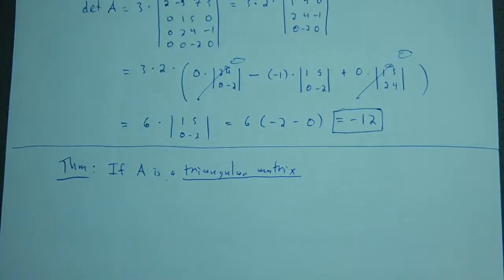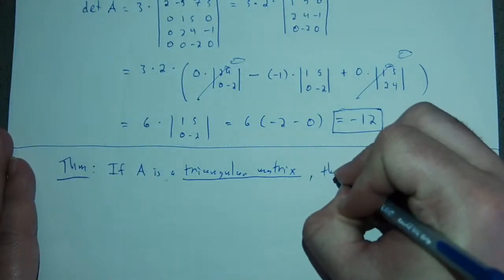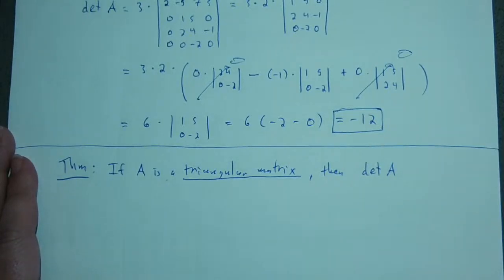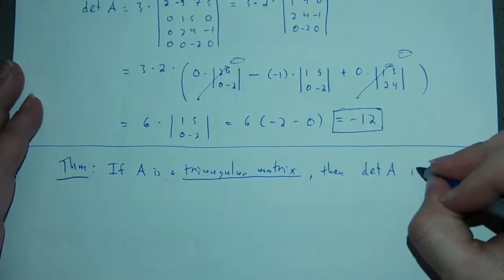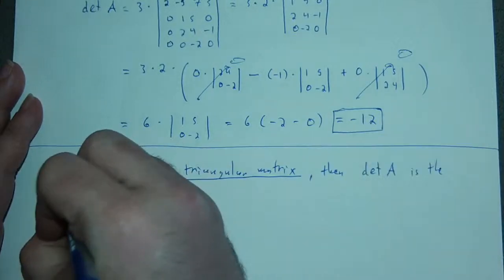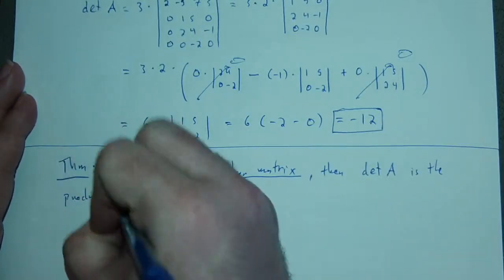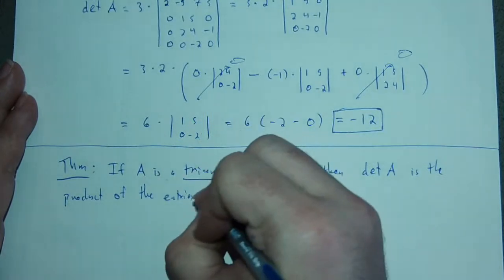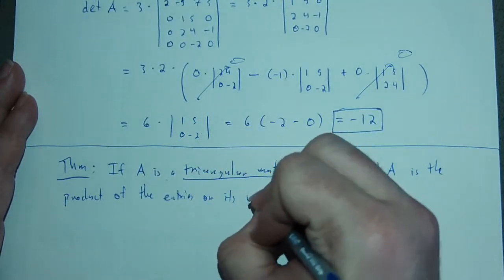So a diagonal matrix is both an upper and lower triangular matrix using that definition. So if A is a triangular matrix, then the determinant of A is the product of the entries on its main diagonal.